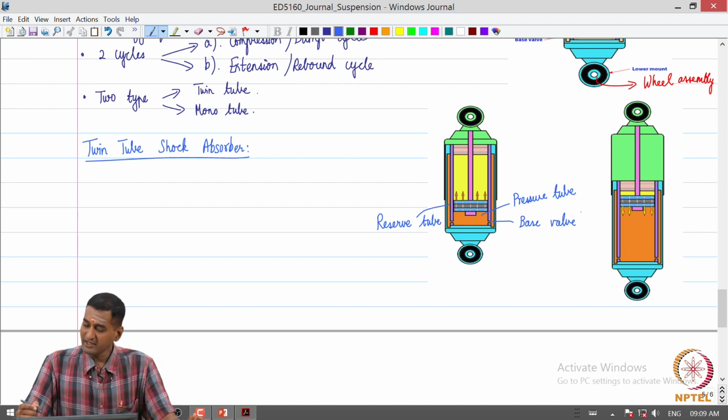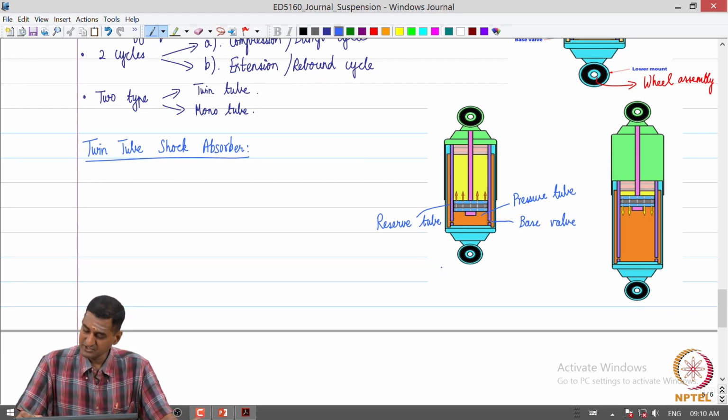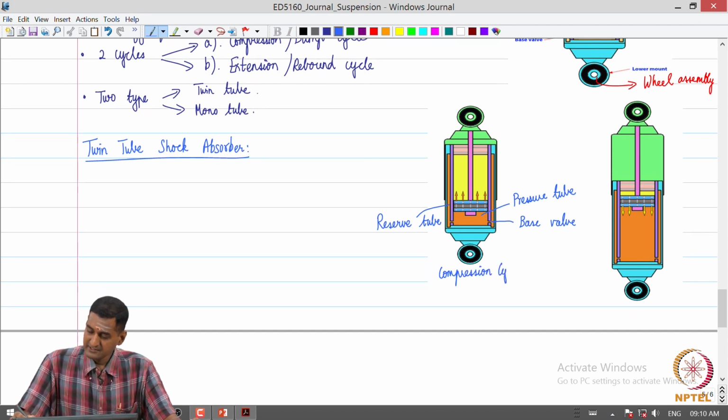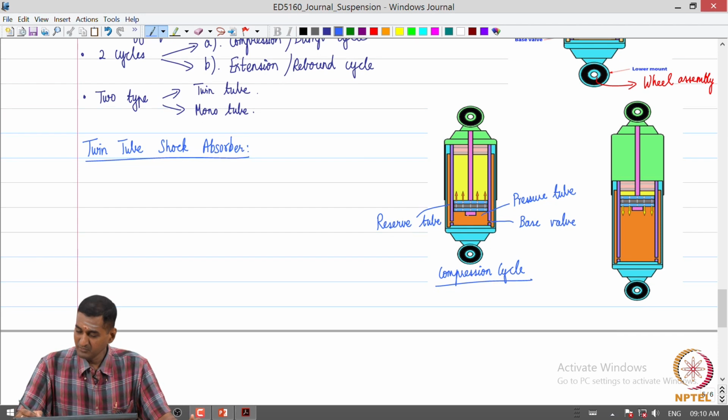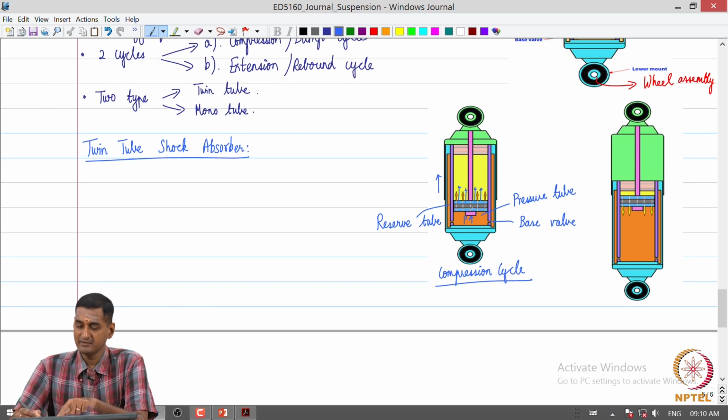Now what happens? This stroke corresponds to a compression cycle. When the piston moves downwards relative to the pressure tube, and the pressure tube is going into the upper tube, the pressure is going to increase below the piston. As a result, the fluid flows from bottom to top in the cylinder, through the piston orifices.